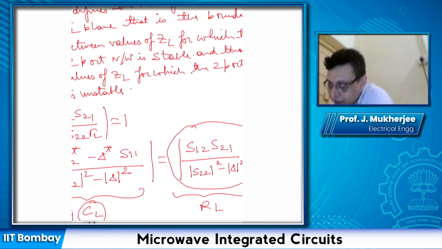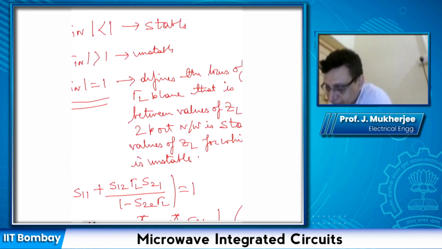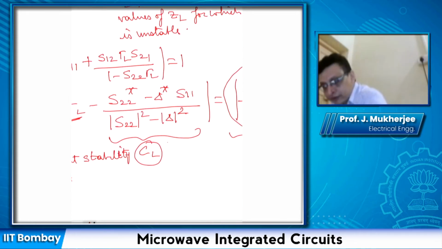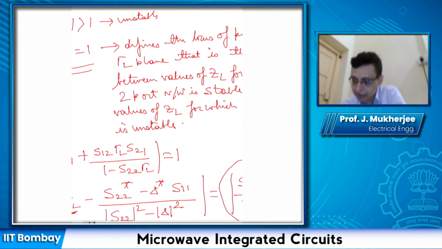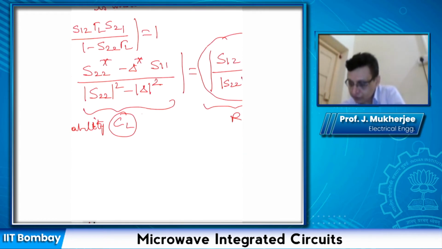Now, in the same way that we obtain this circle by equating modulus gamma in equal to 1, for two-port networks there is always a dual expression for everything. So if we can equate modulus gamma in equal to 1, we should have another analogous equation equating modulus gamma out equal to 1, and we shall study that, and that will be known as the input stability circle.